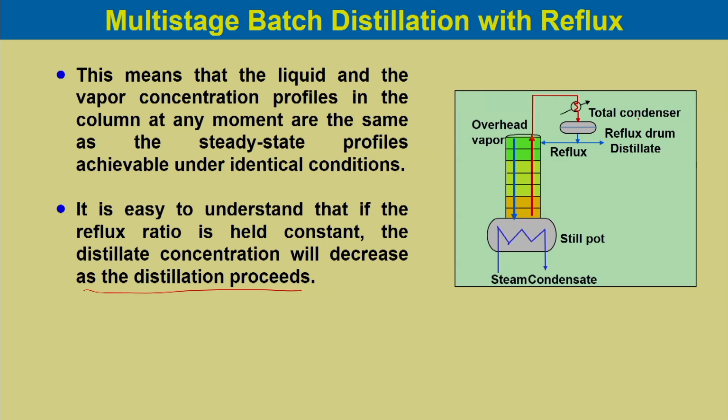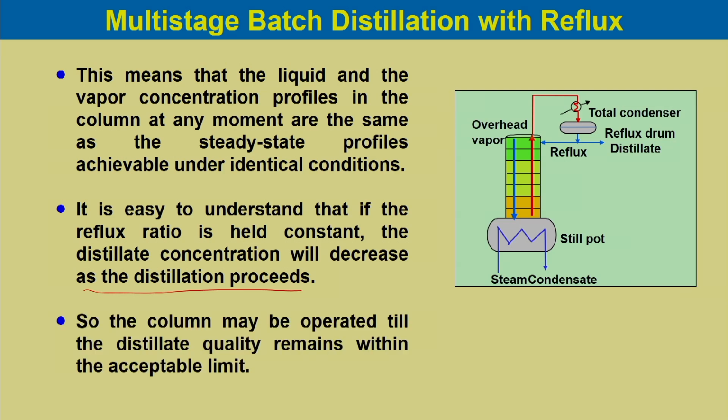So, initially the product concentration of the more volatile component at the top will be much higher. As the distillation proceeds, the composition will gradually change and more of the less volatile component will also mix, because the still pot contains less quantity of the more volatile component. So, as the distillation proceeds, the solute concentration will decrease.